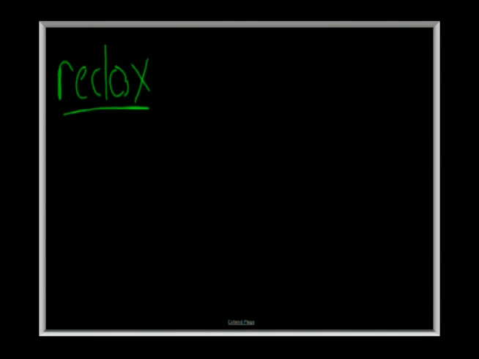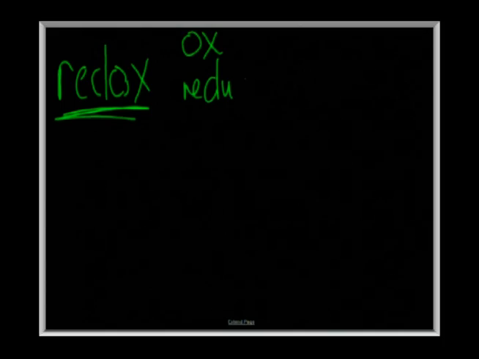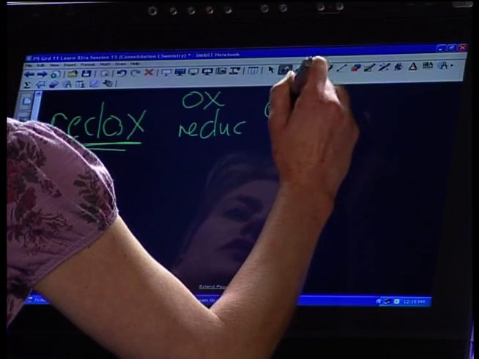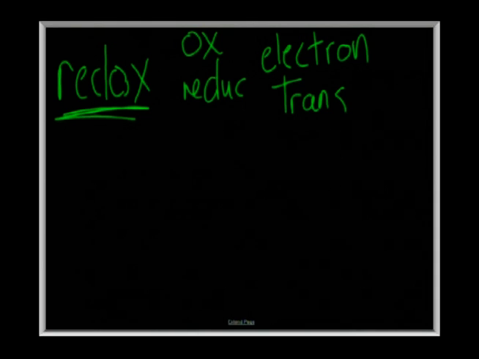Remember, in a redox reaction, we have got both oxidation and reduction taking place. So the oxidation numbers change. Something gets oxidized and something gets reduced. So oxidation and reduction, and that involves electron transfer. Let's just have a look at the different things that we need to know about a redox reaction. Okay, so something gets oxidized.